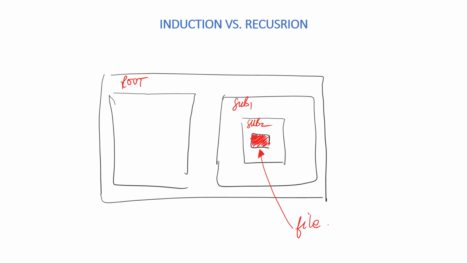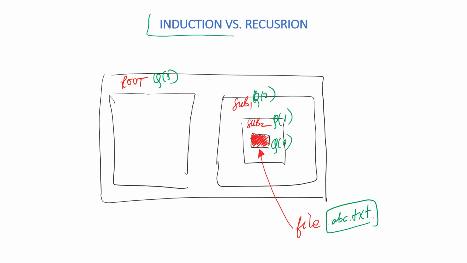We start with the file Q0, which is the basis, go to Q1, Q2, and then end at the root Q3, where we can say that the file abc.txt is in the root directory Q3. So that's induction.